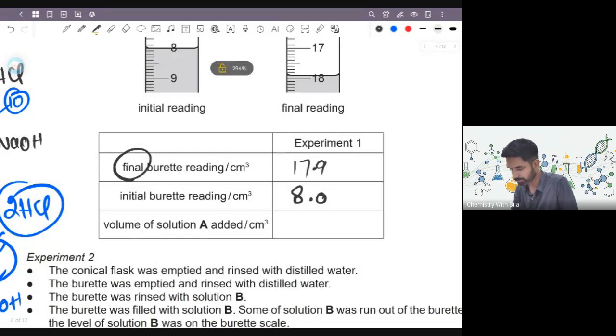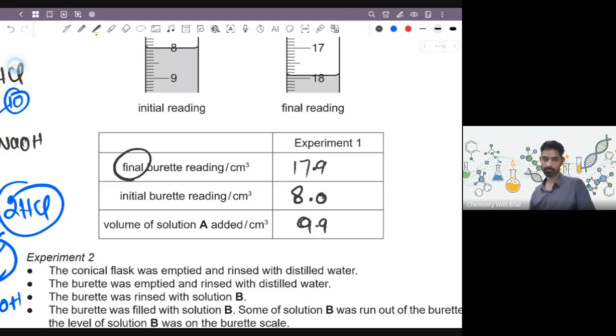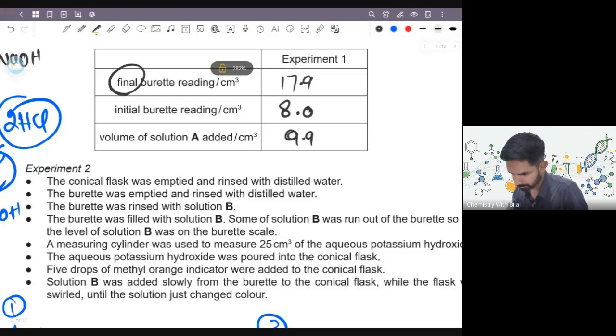We can do the maths. 17.9 minus 8 is how much? 9.9 of HCl sample A was used to reach the end point. ऐसा ही. Now experiment 2 उसने किया.